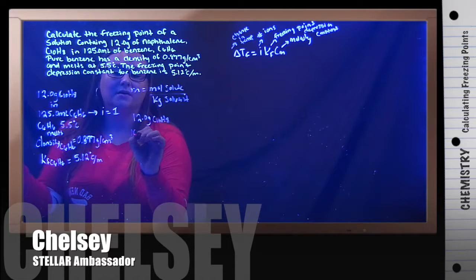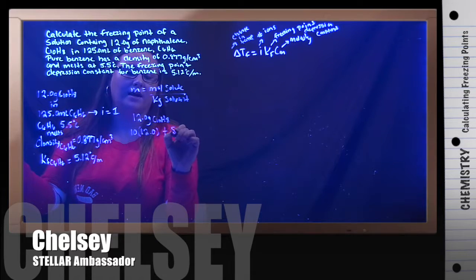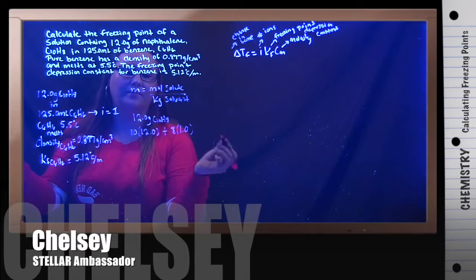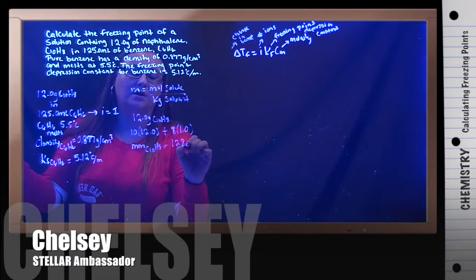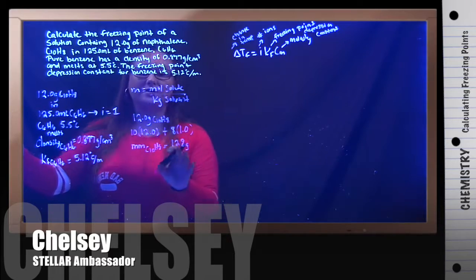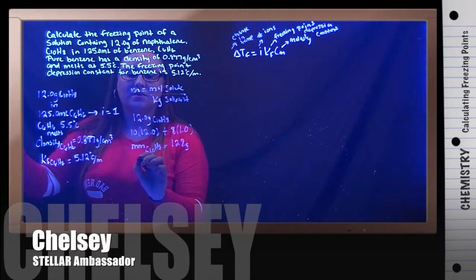We have 10 carbons, which according to the periodic table is equal to 12 grams. We have 8 hydrogens, and on the periodic table, it's equal to approximately 1 gram. So our molar mass of naphthalene is equal to approximately 128 grams. We're going to use this conversion factor in order to calculate our moles of our solute. We always start with what's given.